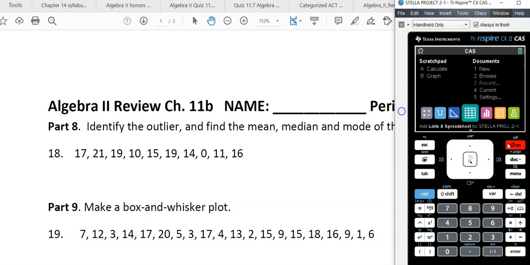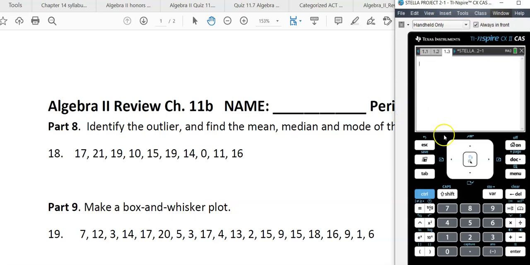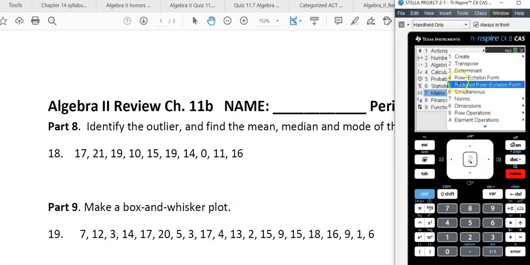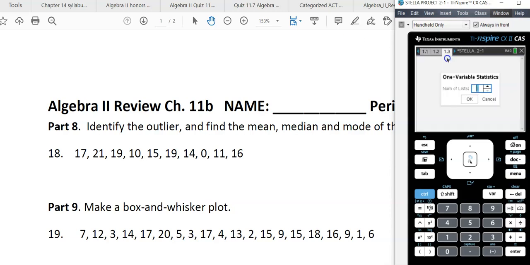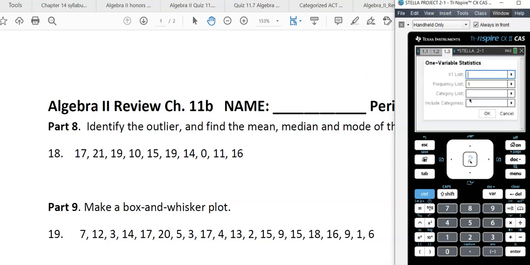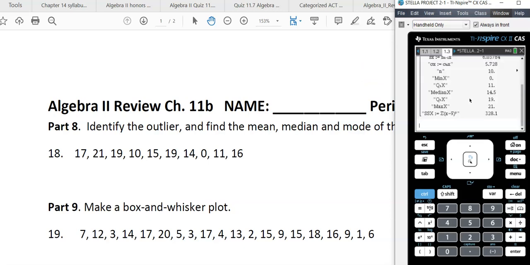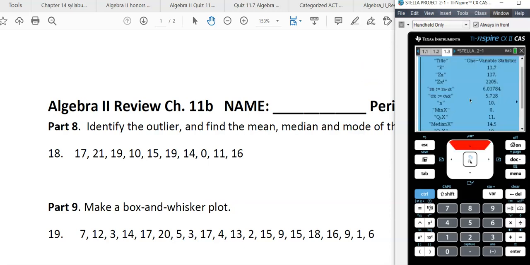I'm going to add a calculator page and go statistics, stat calculations, one variable stats. So this is going to be data. And if you look at it, you get x bar, which is the mean, is 13.7. And the median it says is 14.5.